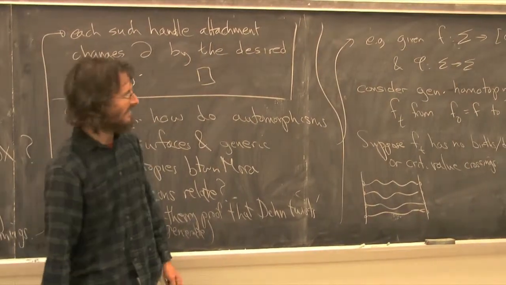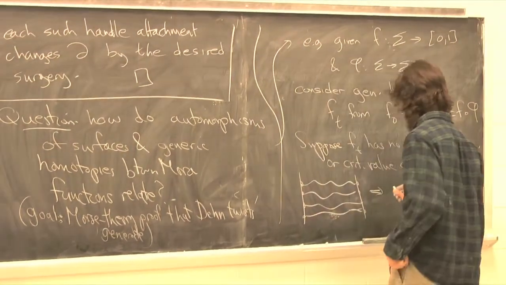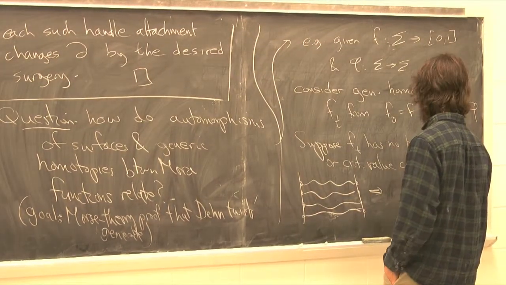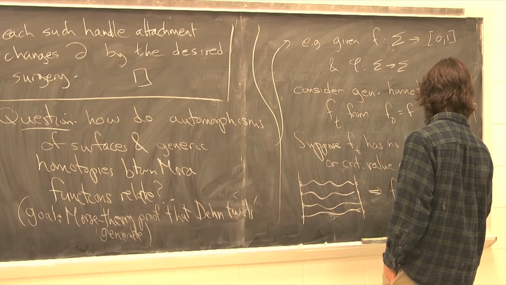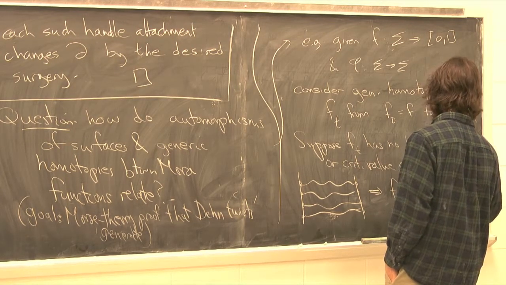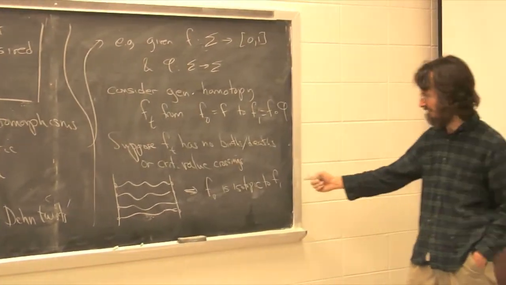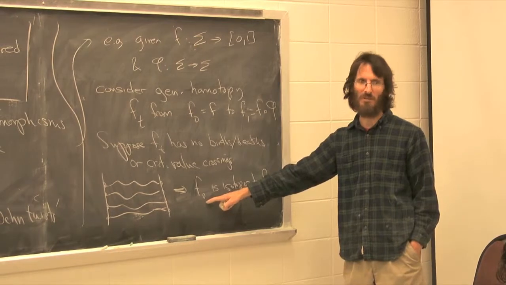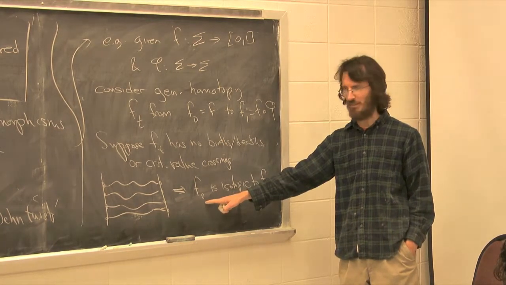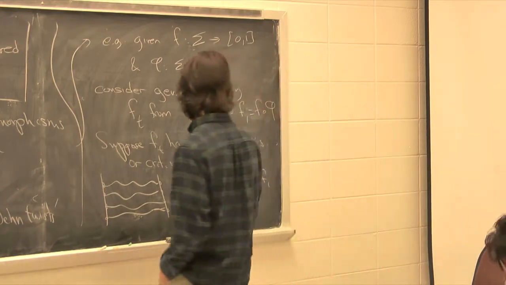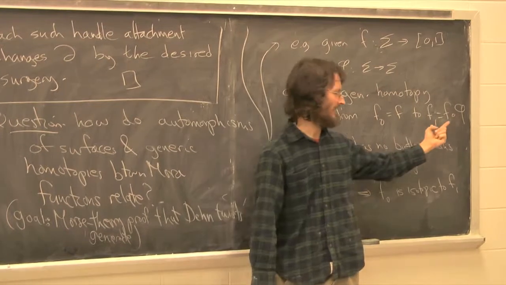Then I claim that implies, up to isotopy, that f0 is isotopic to f1, where you can get f1 by pre- and post-composing f0 with isotopies. So they're basically the same. And what does that mean about phi?